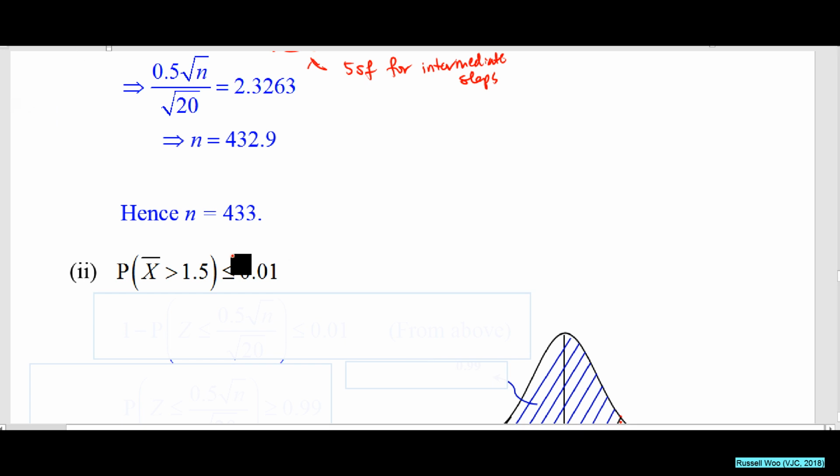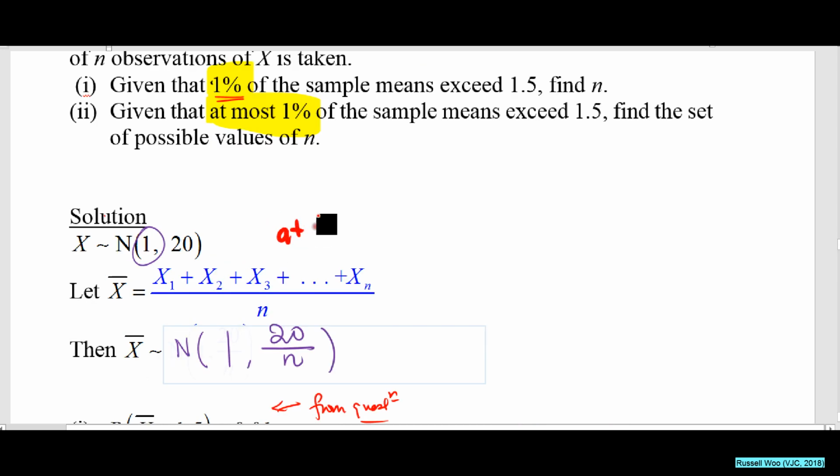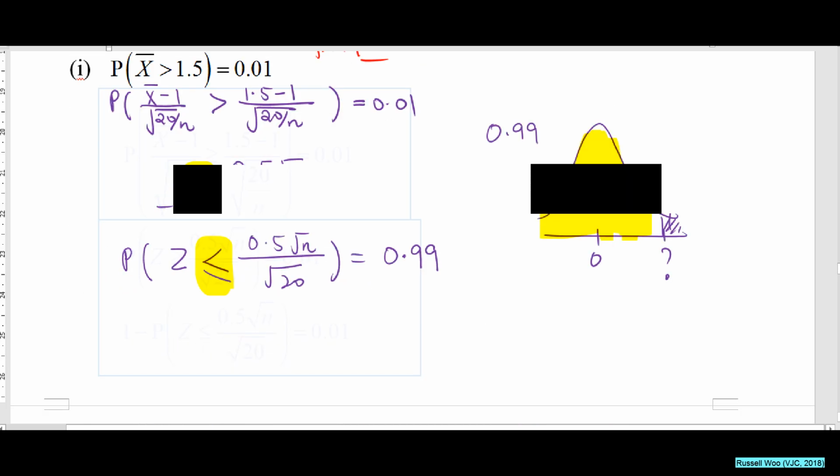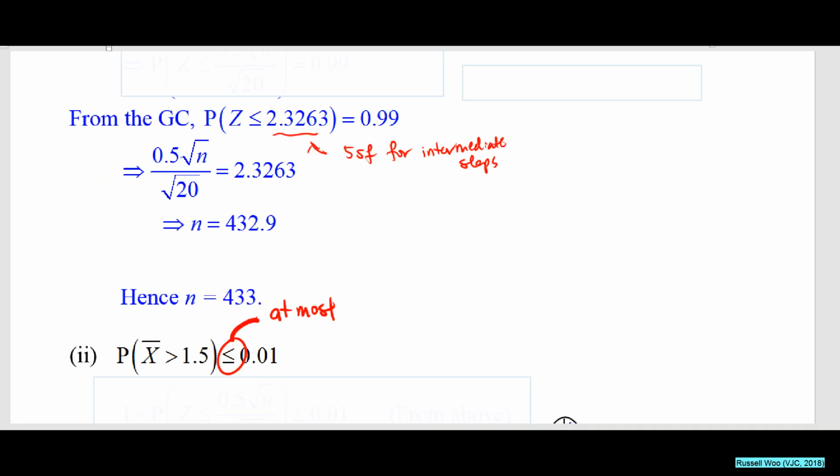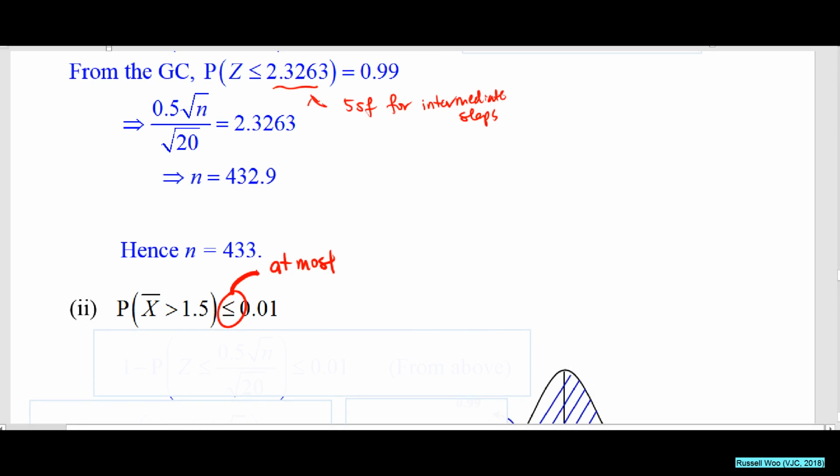Because the probability of x bar exceeding 1.5 is at most 1%.